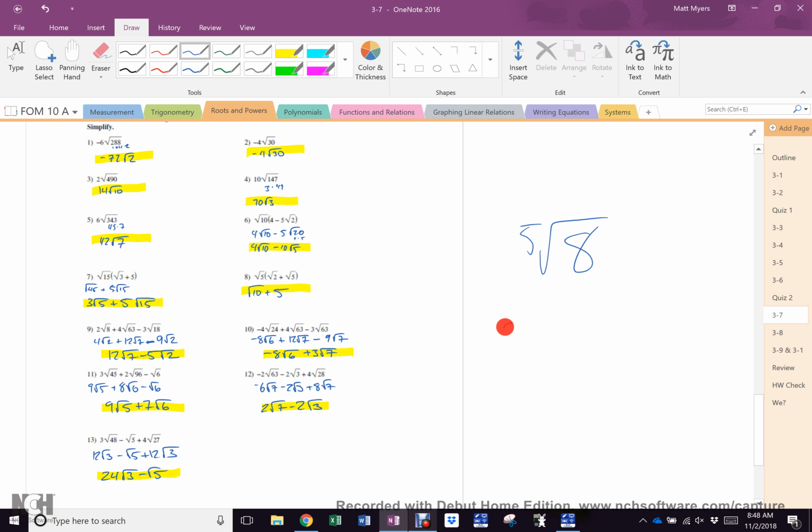I can do 2 to the power of 10, which is what? It's 1,024, right? Which means that 1,024 has a 10th root. Because it's 2 times 2 times 2. There's a group of 10 there.